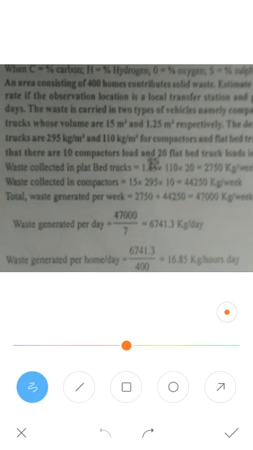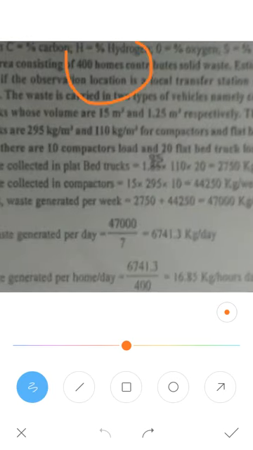Later you need to find out what is generated per home. As it is given in the question, there are 400 homes. It is generated this much per day, but we need to determine the amount of solid waste generated per home. So we have determined per day; let me go for determining per home.